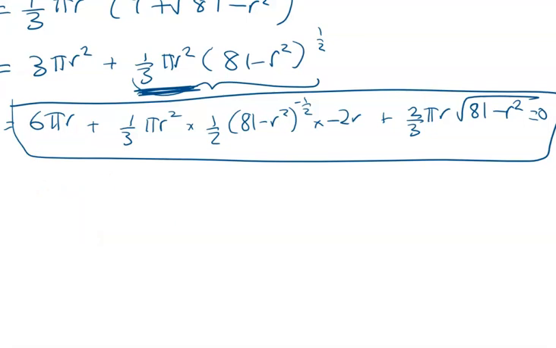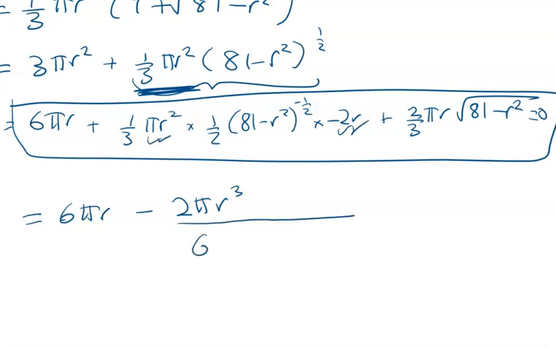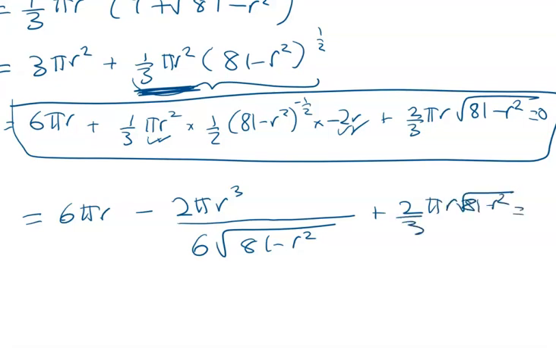You can see that already, even though I've done the working for this before I made the video, it's getting pretty bad. So we've got 6 pi r minus 2 pi r cubed over 6 root 81 minus r squared plus 2 pi r over 3 equals 0.